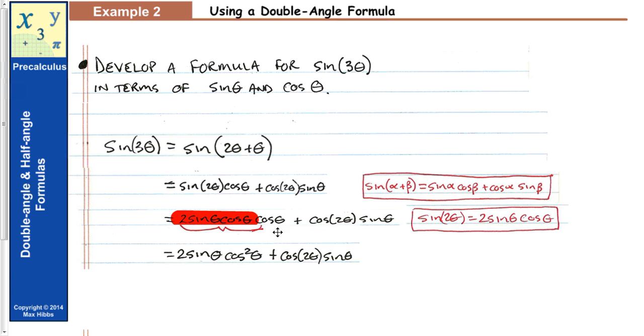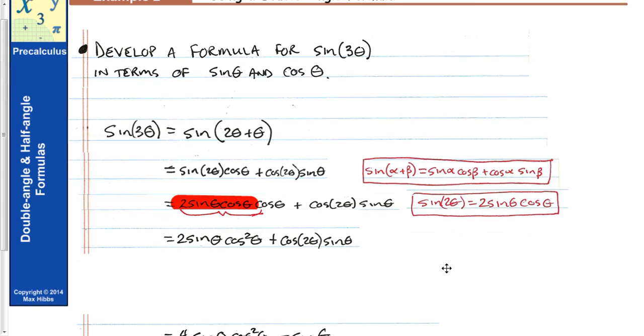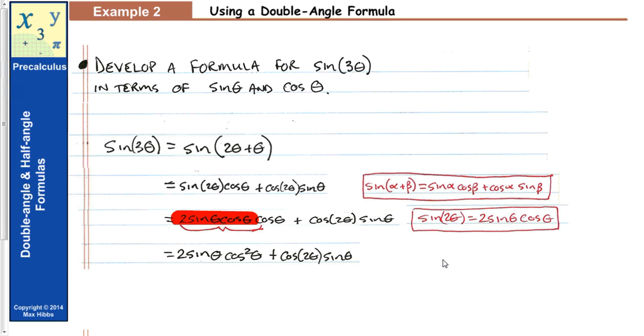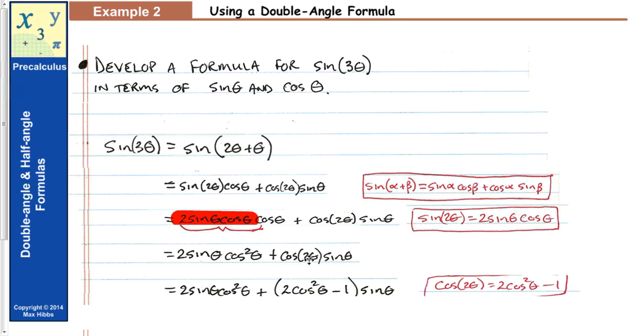Now I'm going to turn my attention to this cosine of 2 theta right here, because we're supposed to have arguments of only theta. I look at the cosine of 2 theta, and remember, I have 3 different ways to change that.